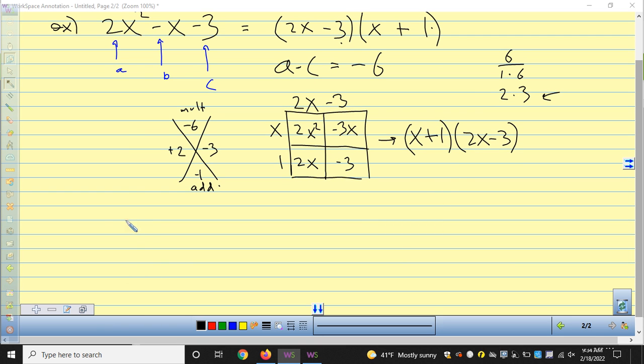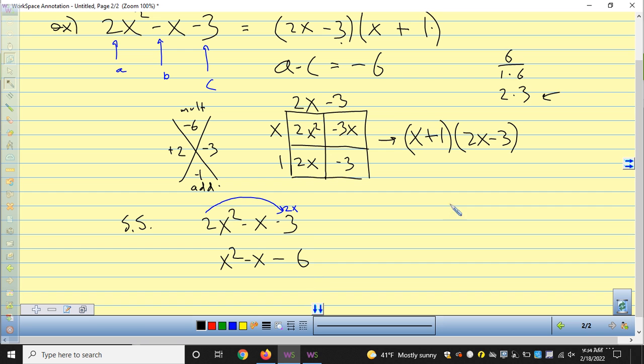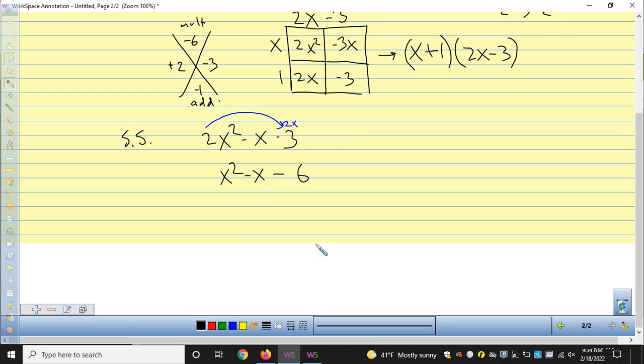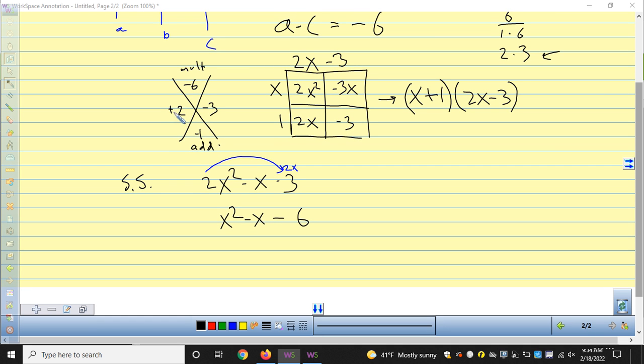And let's do the slip and slide method. So 2x squared minus x minus 3. I'm going to slip this 2 over and multiply. So I get x squared minus x minus 6. Now we are still at two numbers that multiply to negative 6 and add to negative 1. We always have to figure that out when we're factoring. Well, we already figured out that that was negative 3 and 2.